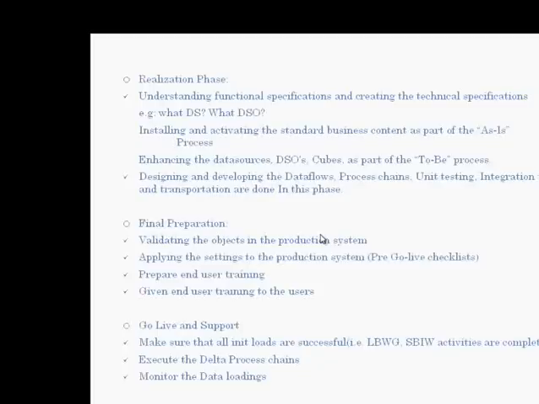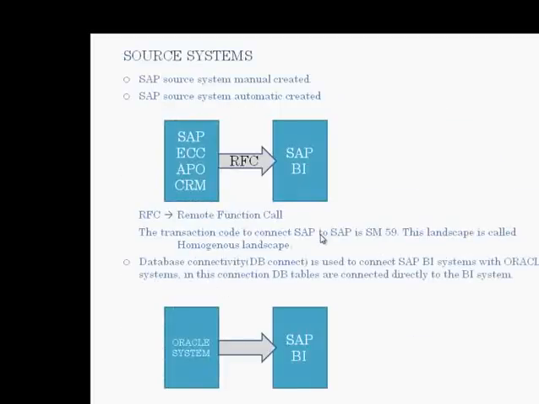In source systems, there are 5 types of source systems. For example, BI supports 5 types of source systems. First comes SAP, because SAP has created the BI tool for business content, and all the metadata is a replica of ECC.